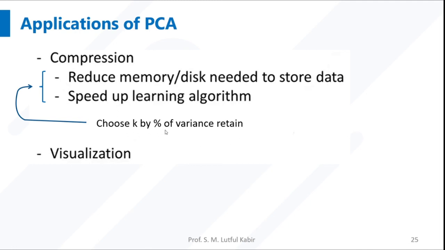If you want to visualize the system, you can reduce it into a two-dimensional or three-dimensional system so that you can plot it and get a feeling for how the data differ from one example to another.